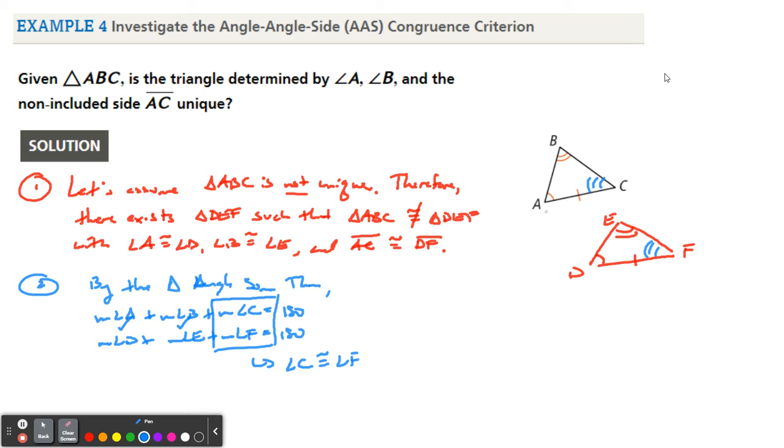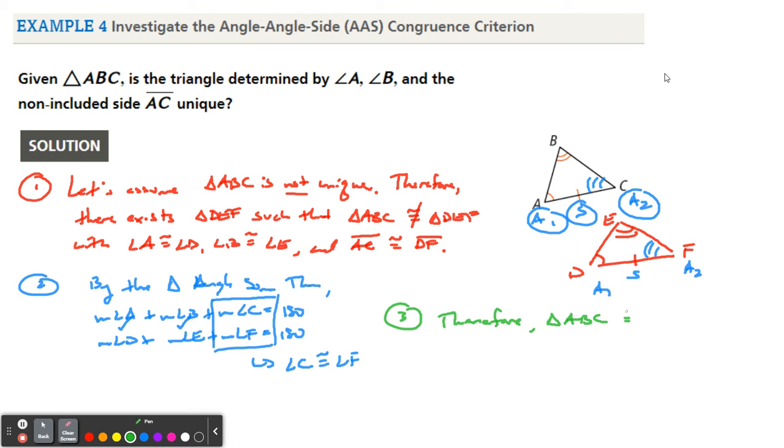And now look what I have, right? I have angle 1, side, included side, and then angle 2. I have ASA. So we proved that in the last video, right? So step 3 here, therefore, triangle ABC is congruent to triangle DEF by angle side angle congruence, which we established as one of the ways.